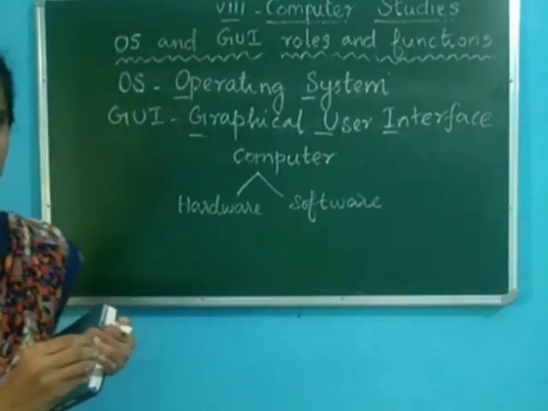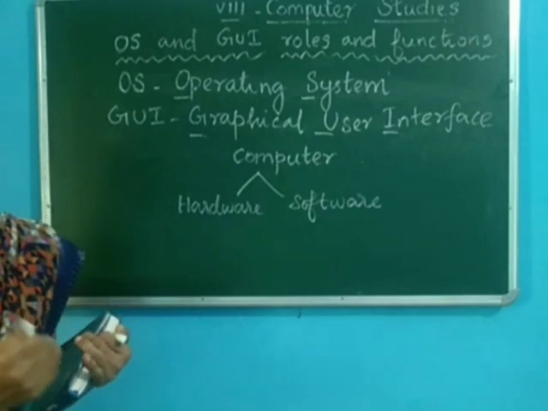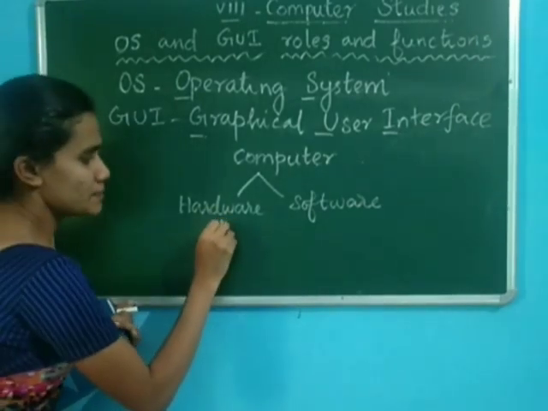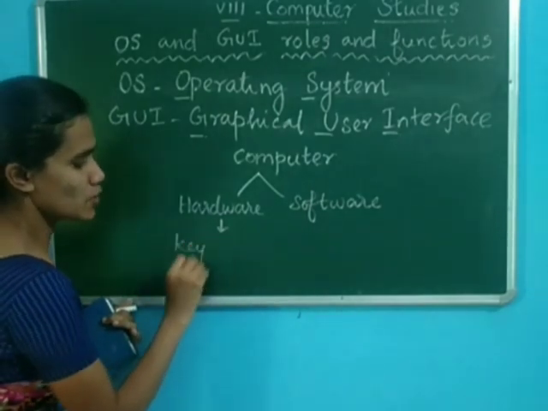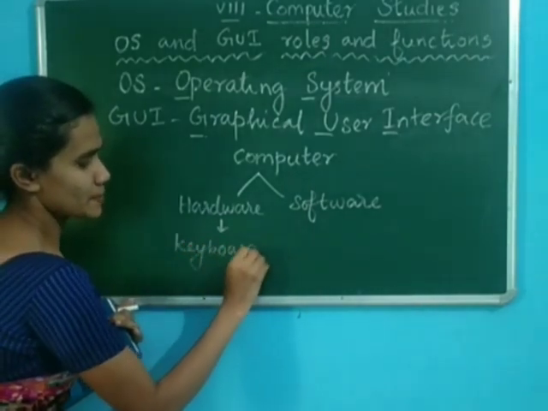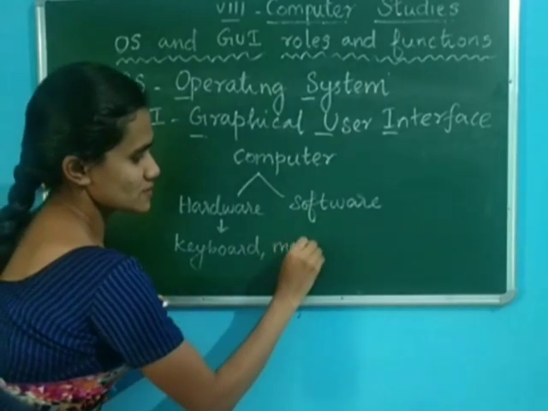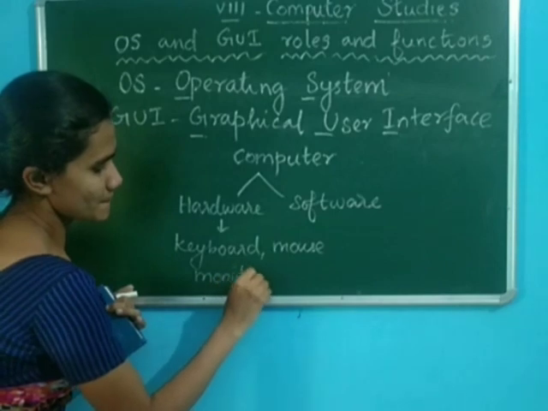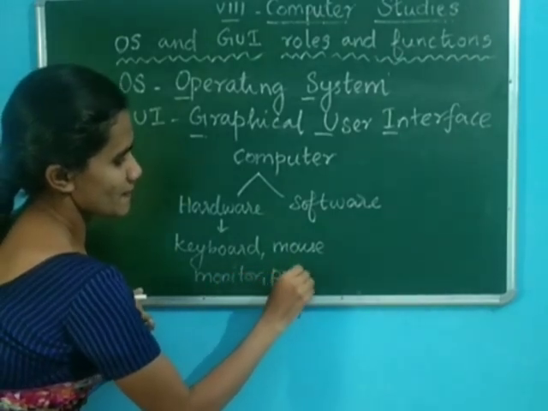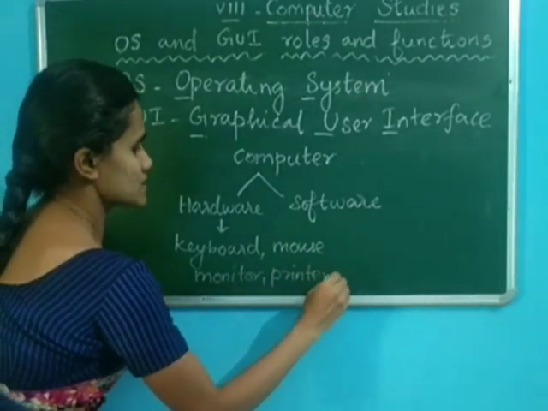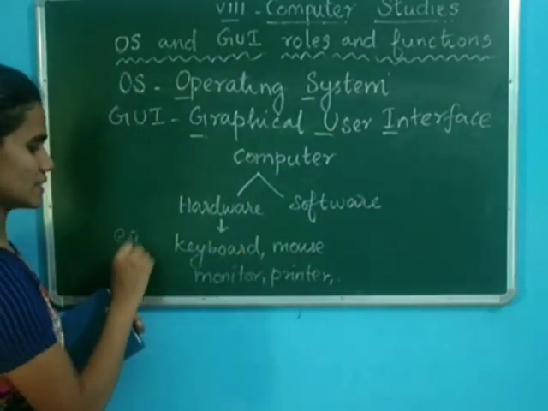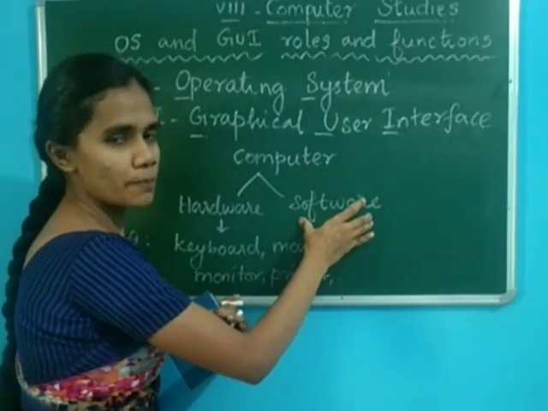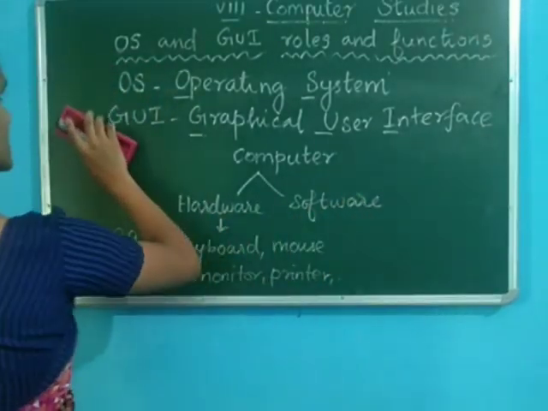Hardware is a device or a part of a computer which you can see and you can touch. Examples are keyboard, mouse, monitor, printer, etc. Now we'll discuss the topic software categories.